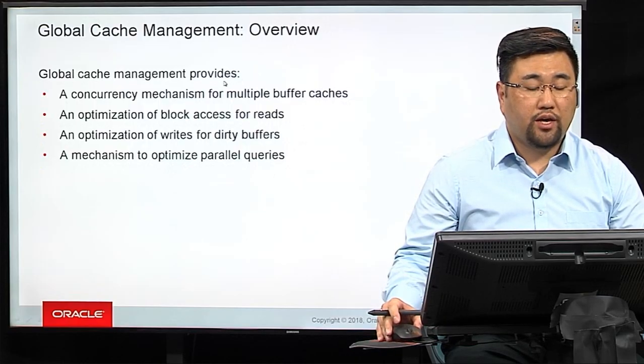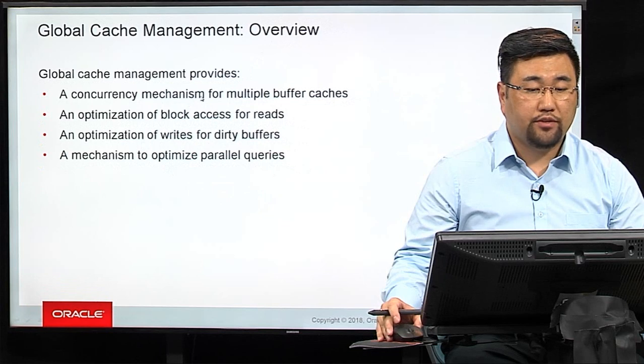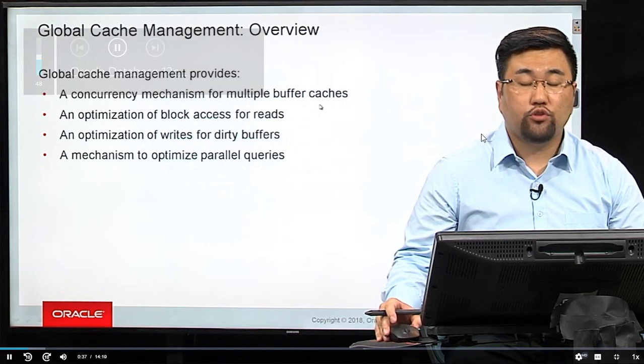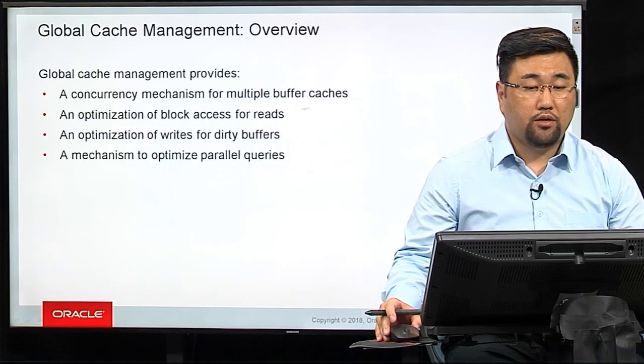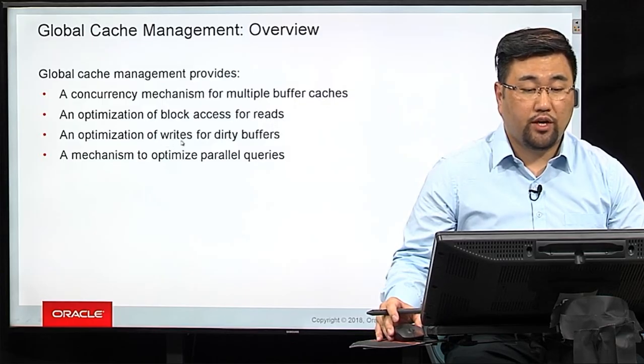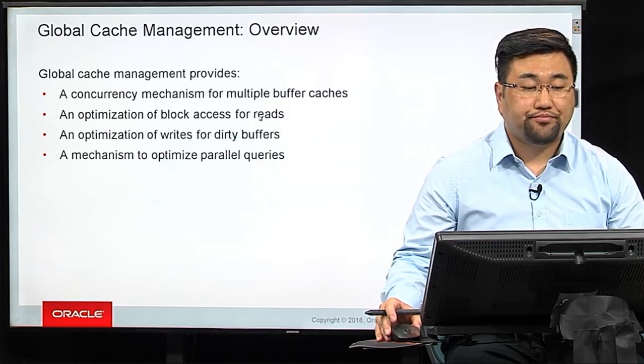Global cache management provides a concurrency mechanism for multiple buffer caches. We use different buffer states to manage concurrency globally, with an optimization of block access for reads, an optimization of writes for dirty buffers, and a mechanism to optimize parallel queries.